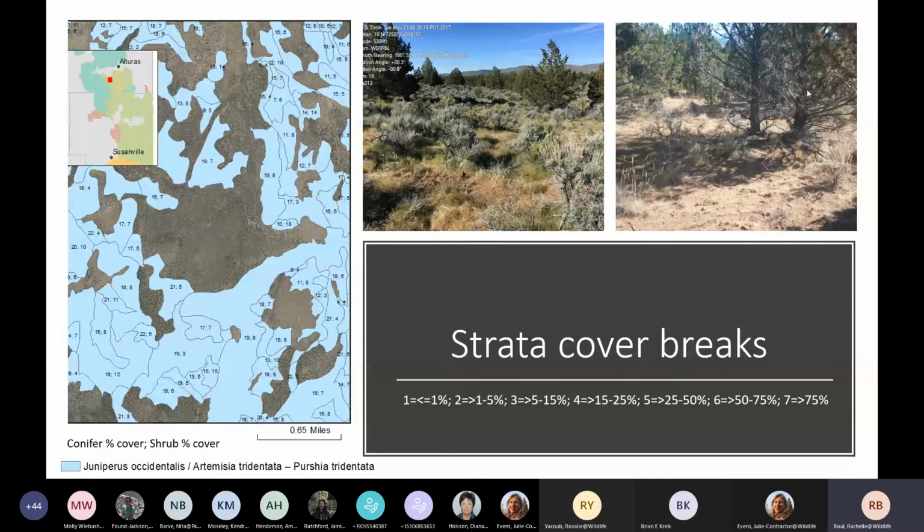And the one on the right has much higher cover juniper with a much lower understory component. So the differentiation of stands based on strata cover can provide more direction for management depending on your goals.